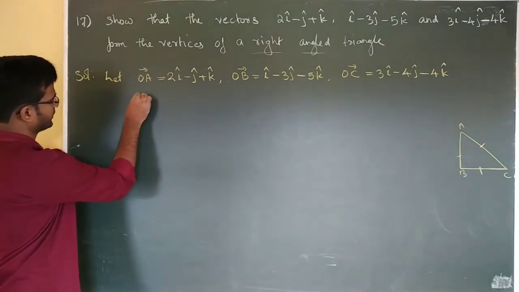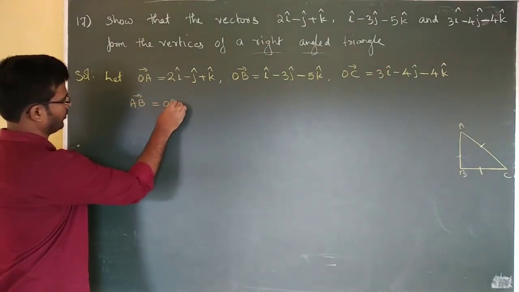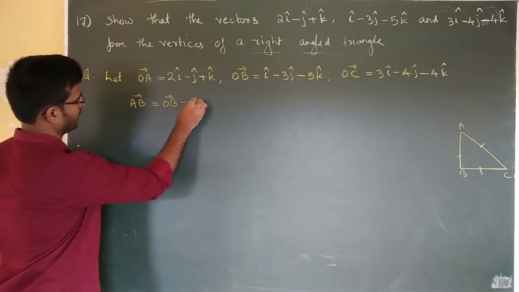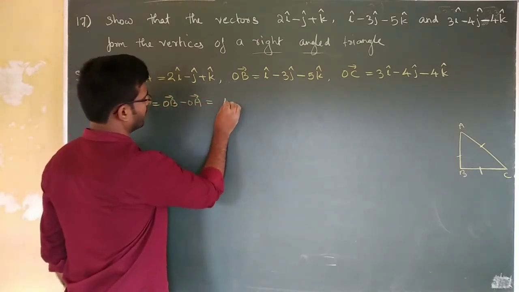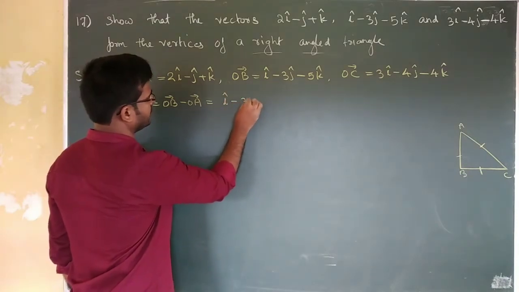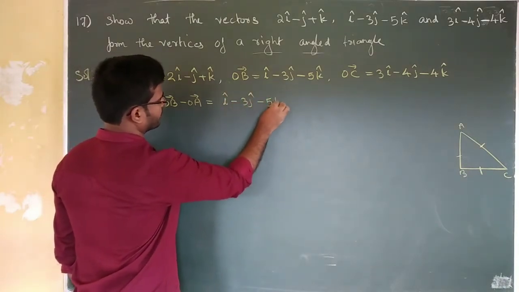AB vector equal to OB vector minus OA vector. OB vector is i minus 3j minus 5k.